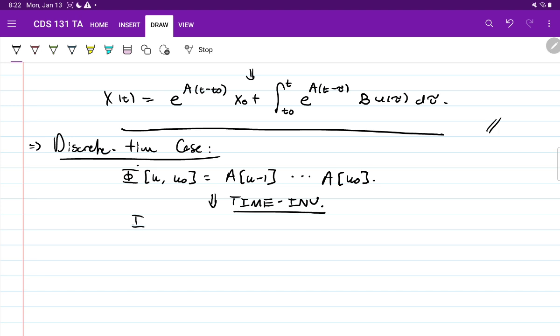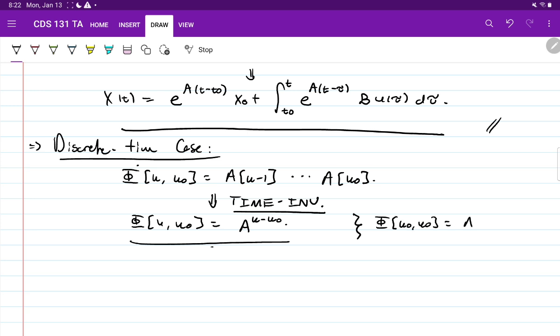What that means is that phi of k comma k naught will just reduce to A to the k minus k naught. And as a quick sanity check, phi of k naught comma k naught equals A to the 0 equals the identity. That tells us that we haven't made any major mistakes here: if we don't have any time pass, we stay in the same position.